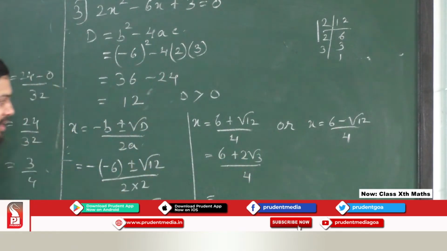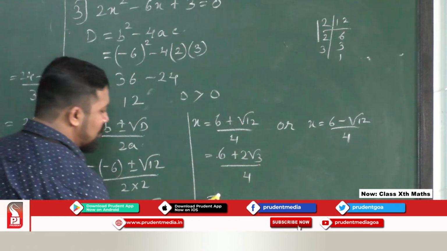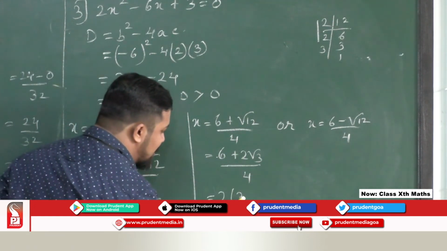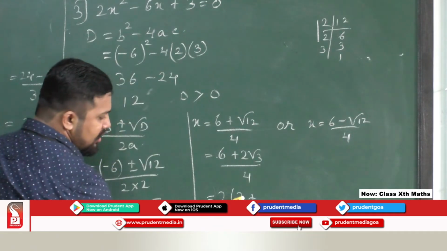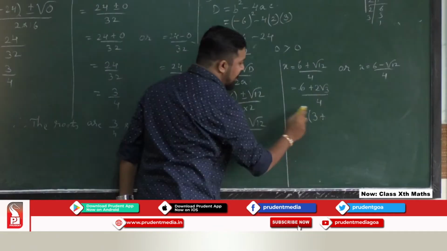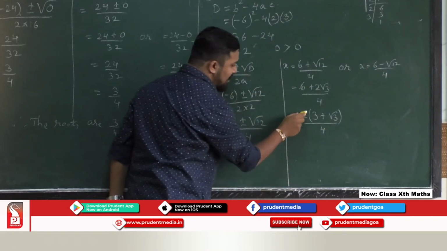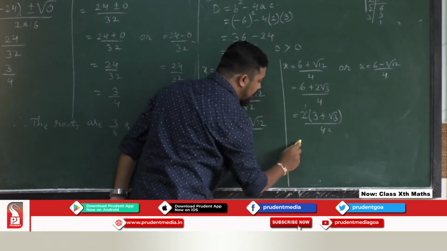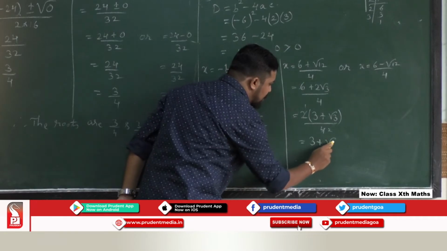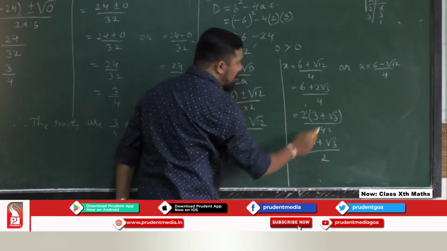Now you can find the common factor. What is common between 6 and 2? 2 is common. So 2 3s are 6, 2 is already removed, so root 3 upon 4. Now cancel: 2 1s are 2, 2 2s are 4. So 3 plus root 3 upon 2.